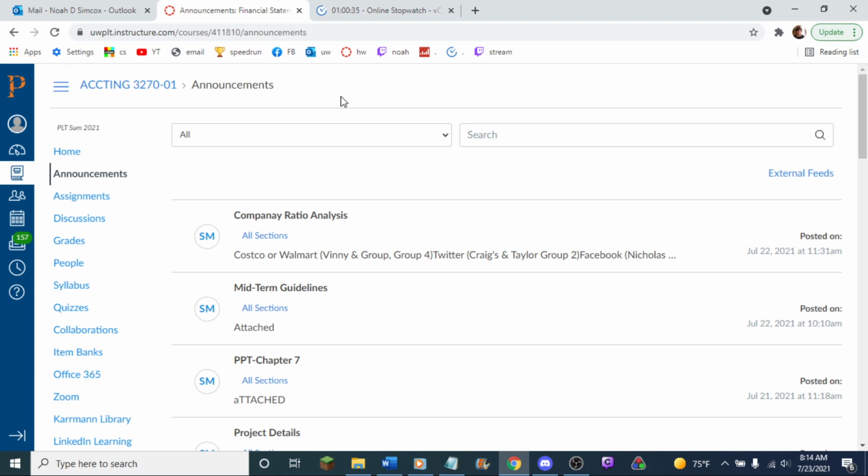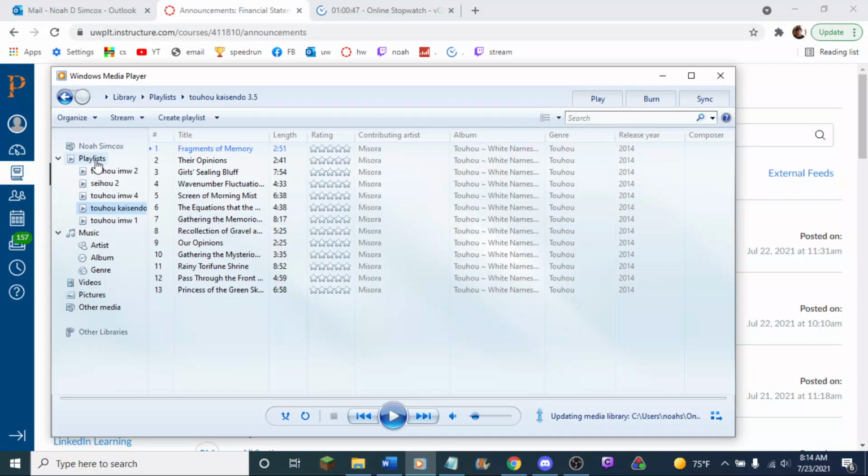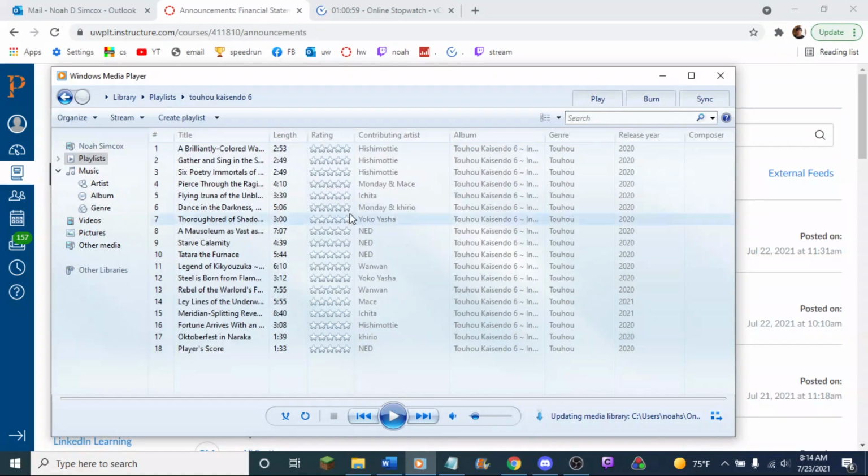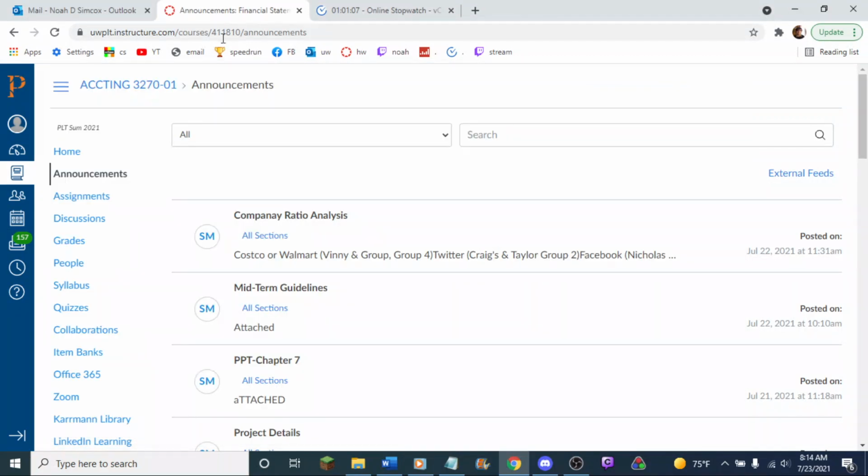And then for average cost, the weighted average: they take the total cost divided by the total units.